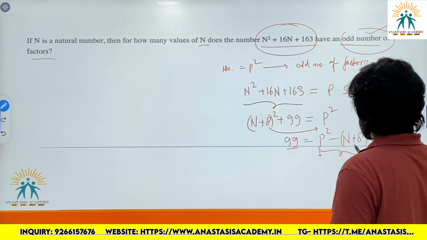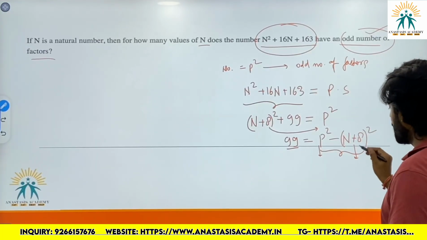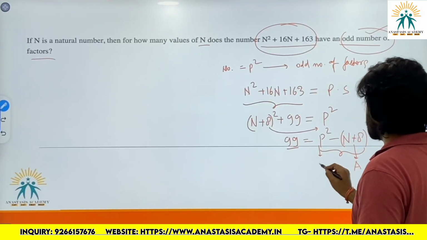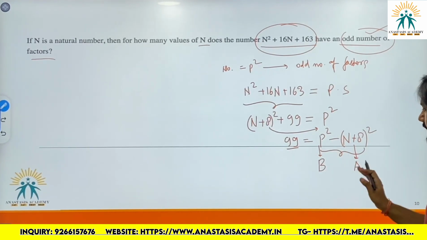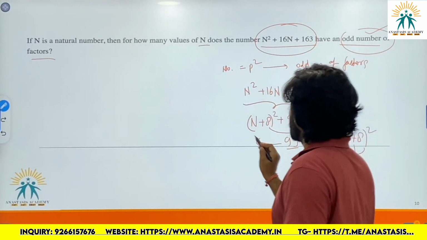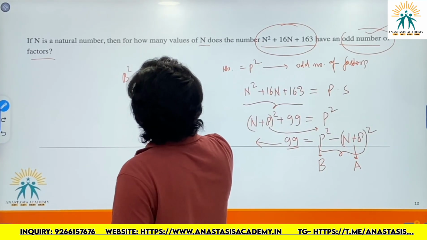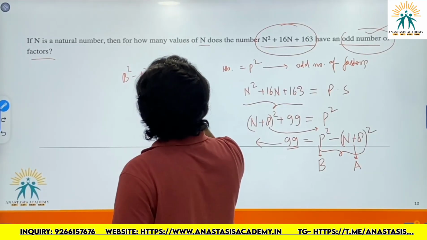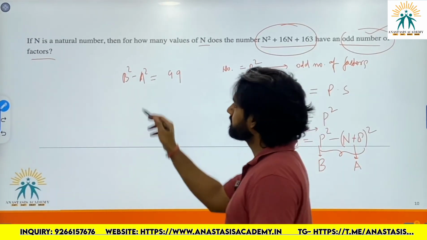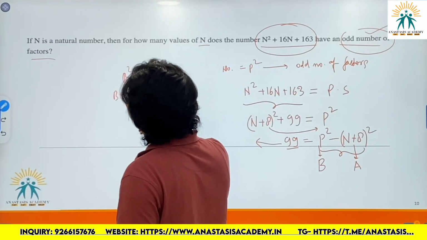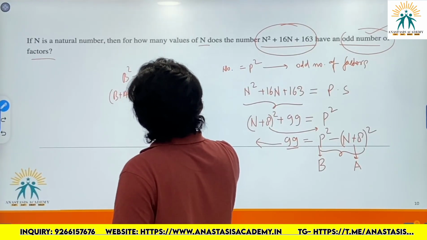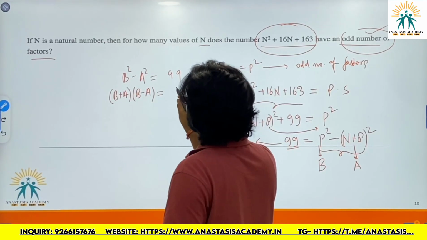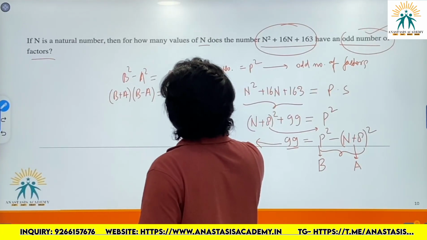I am assuming p as b and n plus 8 as a. I have b square minus a square is equal to 99. Using the identity, I can write it as a product of two numbers: (b plus a)(b minus a) is equal to 99.